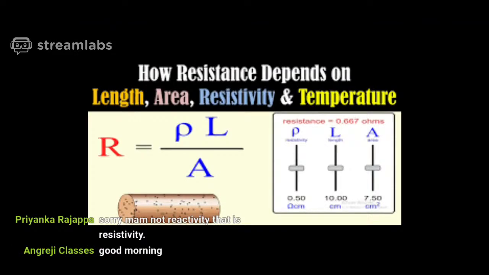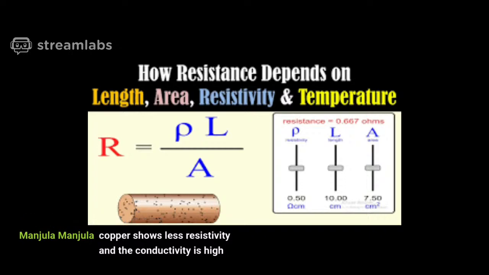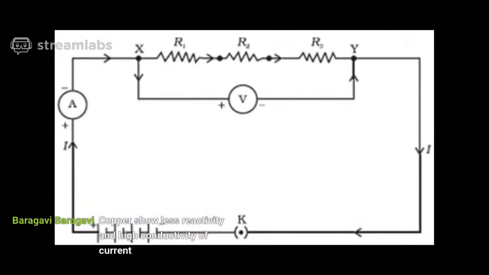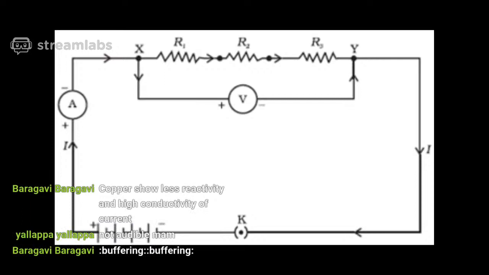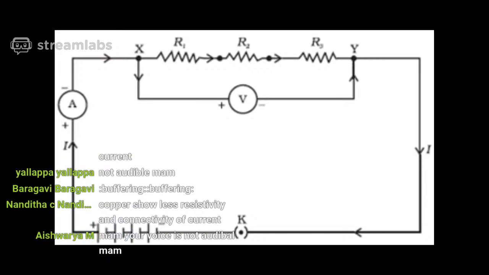The formula for resistance: resistance is directly proportional to rho, directly proportional to the length, and inversely proportional to the cross section. And this is R1, R2, R3, different resistors arranged in series.